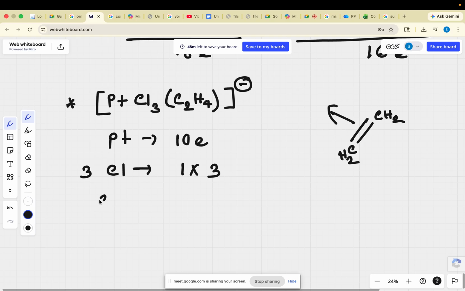C2H4 donates 2 electrons. And don't forget the negative charge, so you have to add 1 electron. So 2, 1 into 3 is 3, 3 and 3 is 6, plus 10, 16 electrons.